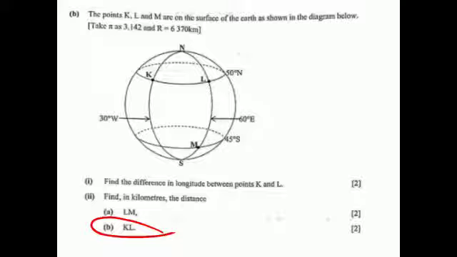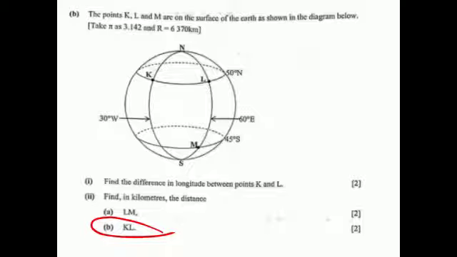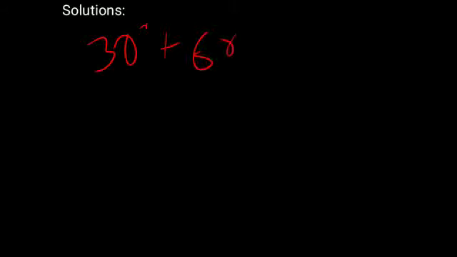This tells us that we need to find the angular difference. That can be found by calculating the difference between the longitudes where points K and L are lying. So point K is lying on 30 degrees, let's take note of that, 30 degrees plus, and point L is lying on 60 degrees.